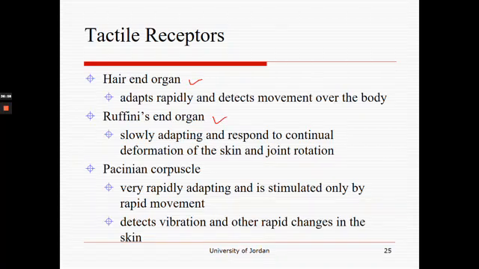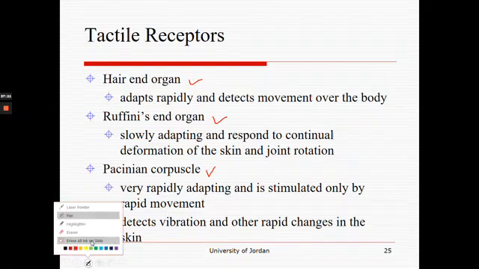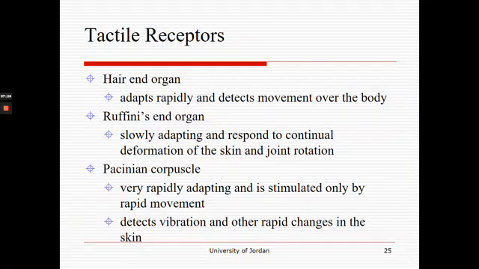Ruffini end organs are found deep in the dermis. They detect changes in pressure and joint formation. Pacinian corpuscles are found down in the dermis, and they are rapidly adapting because they are corpuscular, and they detect vibration and pressure. They are connected to A beta fibers too.